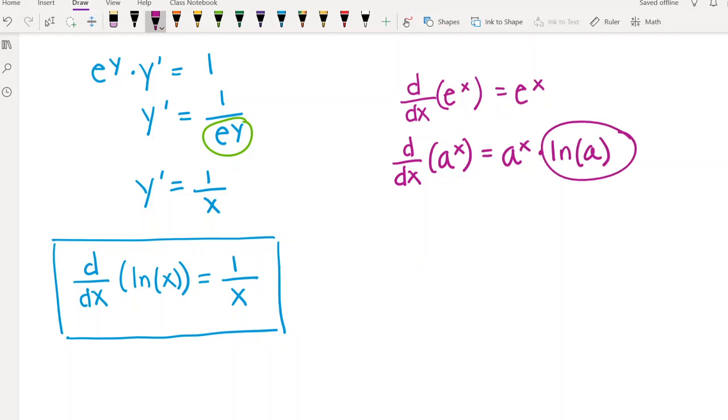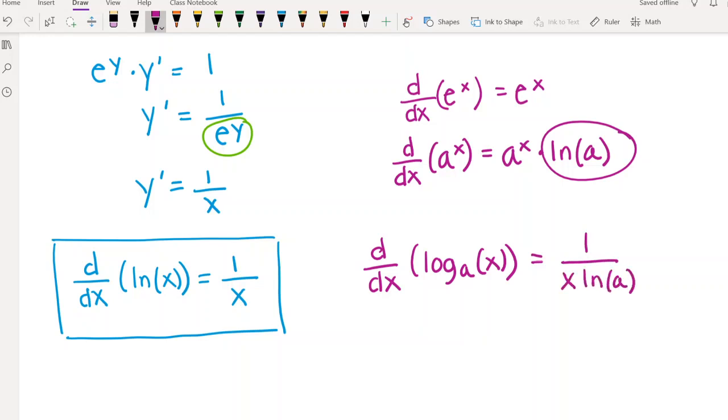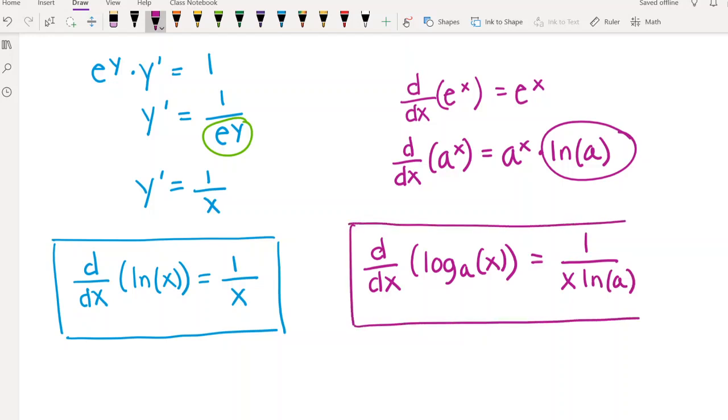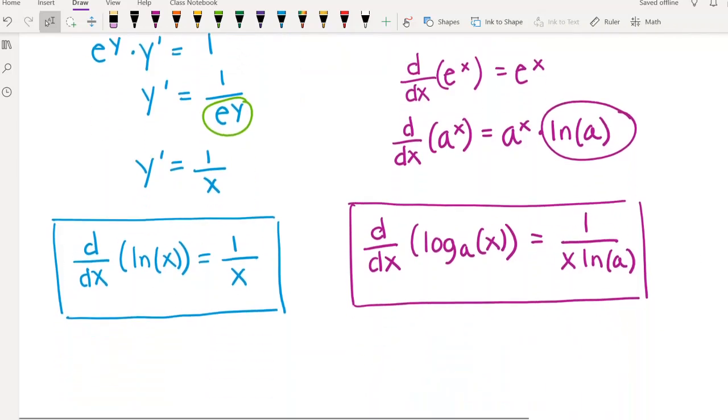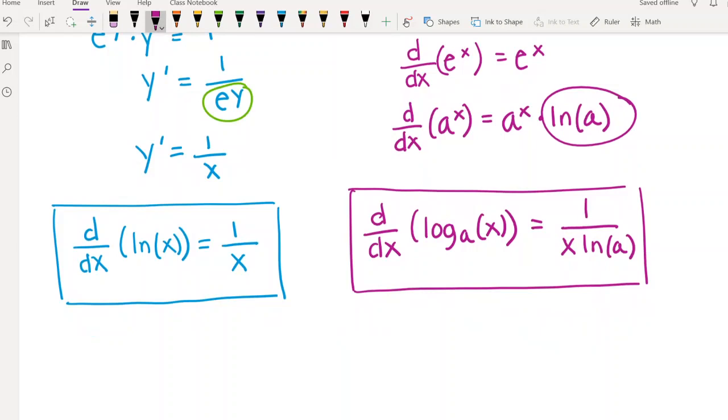Similarly, the derivative of log base a of x, instead of being 1 over x, is 1 over x times ln of a. It's similar to what happens with a to the x. If you do the exact same process we did with e to the x but with a to the x, you'll get the formula we just came up with here in purple.